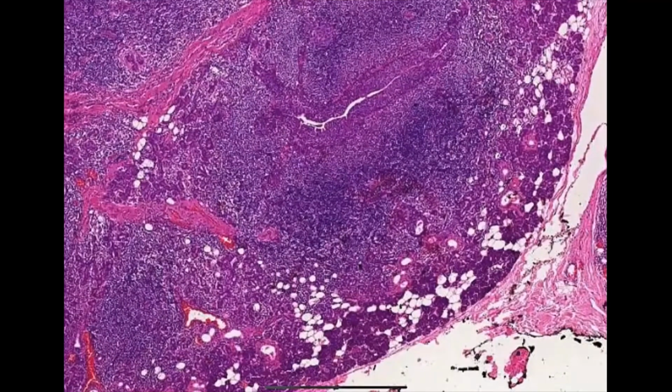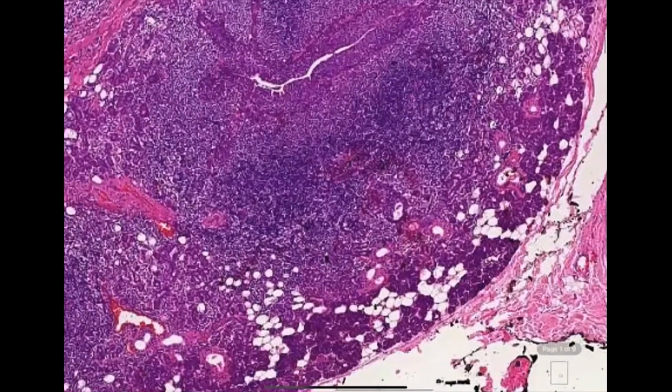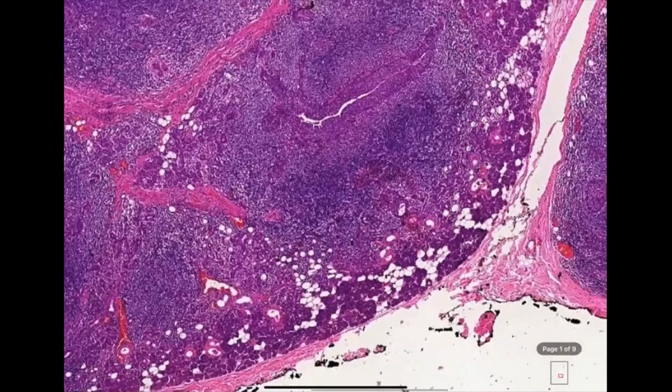Yes or no? Yes. Okay, so we can take the lymph node out of the equation, right? Because we can see salivary gland tissue. Yes, you can sometimes see inclusion of salivary gland tissue inside the lymph node, so don't forget that. But you then need to see the capsule, and you need to see the architecture of the node.